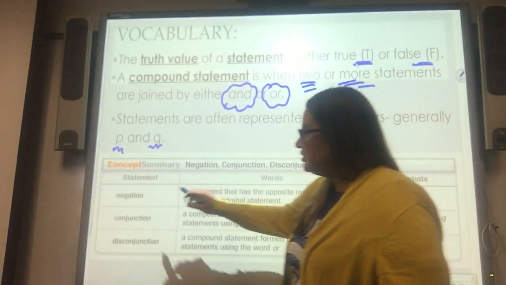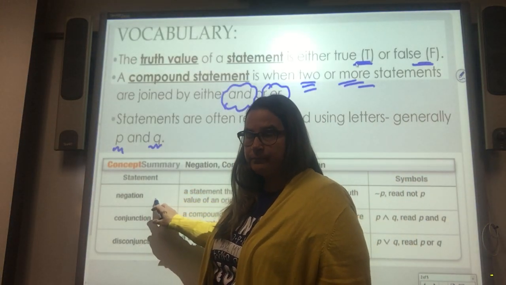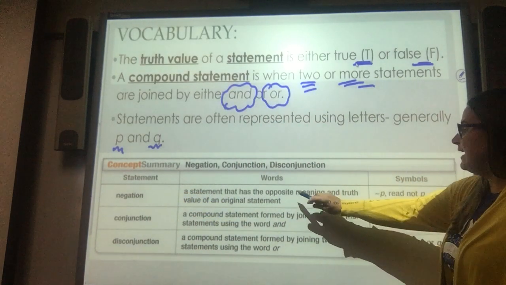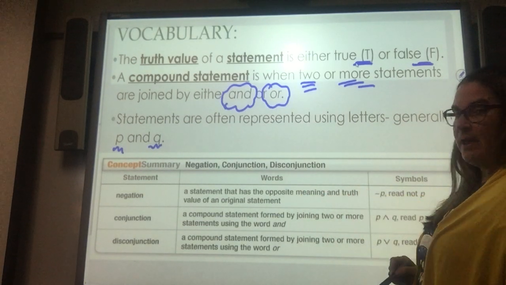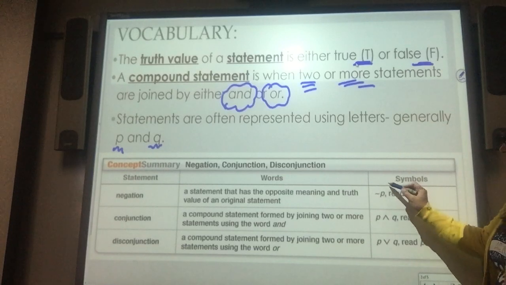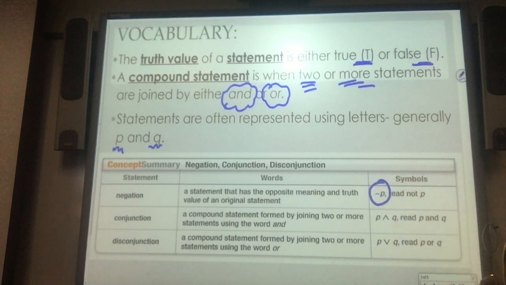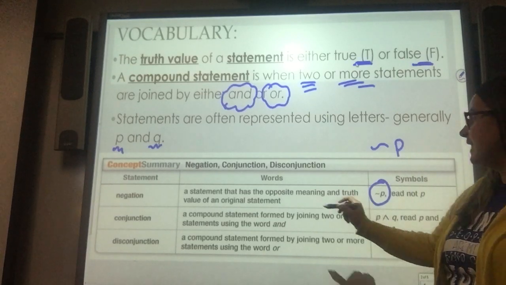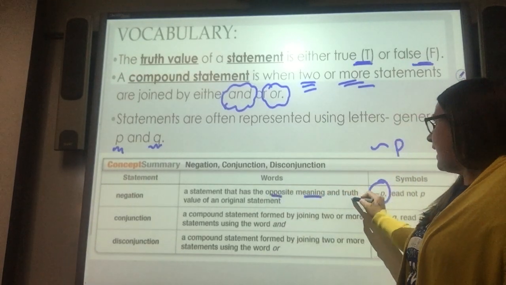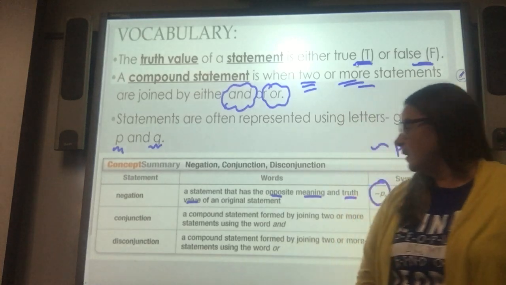A negation of a statement means that it has the opposite meaning and opposite truth value. Symbolically, it's written as not P. That kind of looks like this. So a negation takes the opposite meaning and truth value.